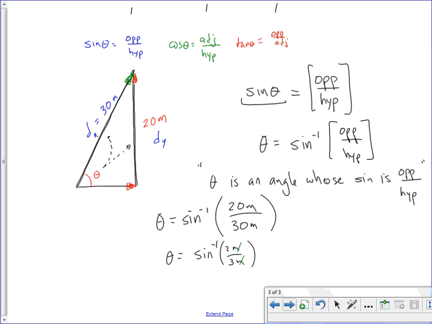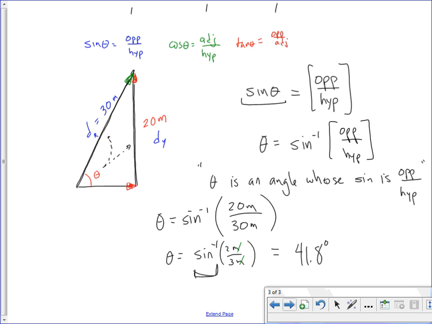And so we type into our calculator second sine, which gives inverse sine of parentheses 2 divided by 3, end parentheses. And we get that the angle must be 41.8 degrees.